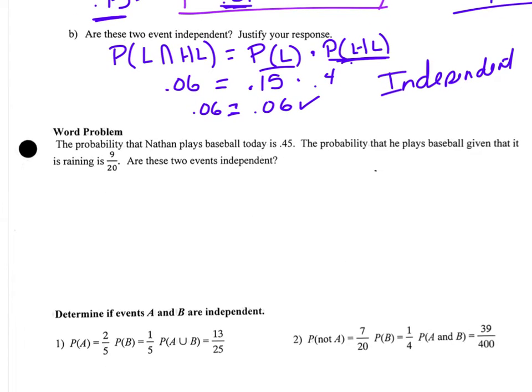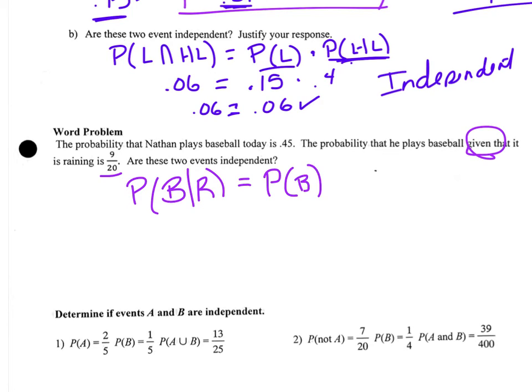All right, another example, the probability that Nathan plays baseball today is 0.45. The probability that he plays baseball given that it rains. Remember the word given is the conditional probability. The probability that he plays baseball given that it rains has to be equal to the probability that he plays baseball.